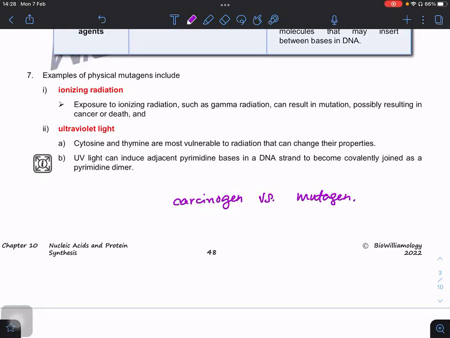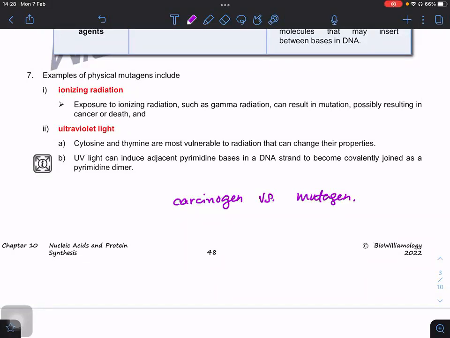Carcinogen basically means the agents or chemicals or any agents that cause cancer. Mutagen is the agent that causes mutation. So we do have some chemicals that belong to both groups. They cause the mutation of the cells and result in the cells having a high rate of the cell cycle.